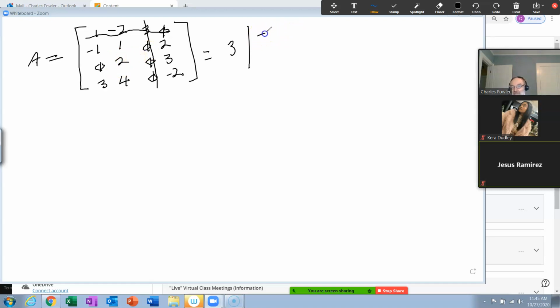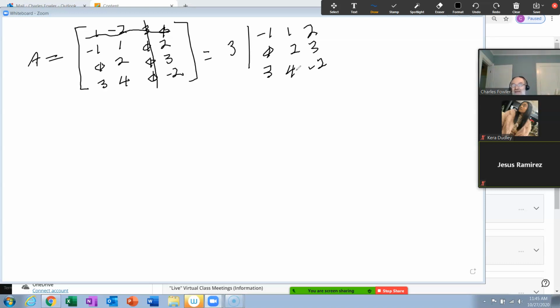And that's going to be -1, 1, 2, 0, 2, 3, 3, 4, -2. Okay. Now, they want us to do a full expansion dealing with cofactors.